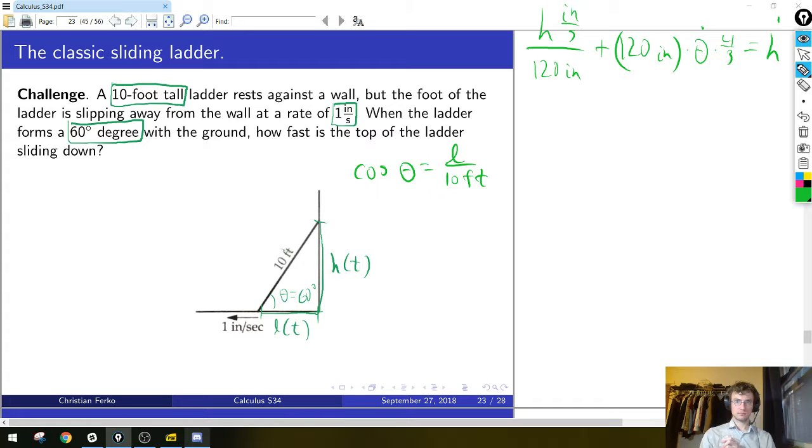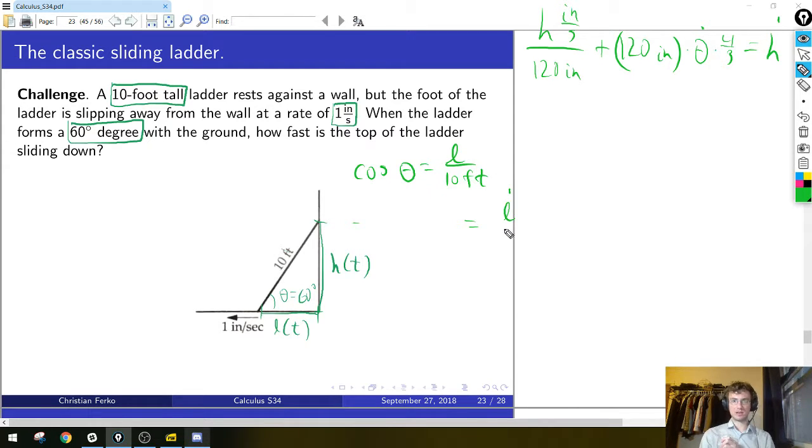This is going to equal, give me a second, L dot. Well, that doesn't even matter because 10 feet is constant. Excuse me. So we're differentiating with respect to time, right?